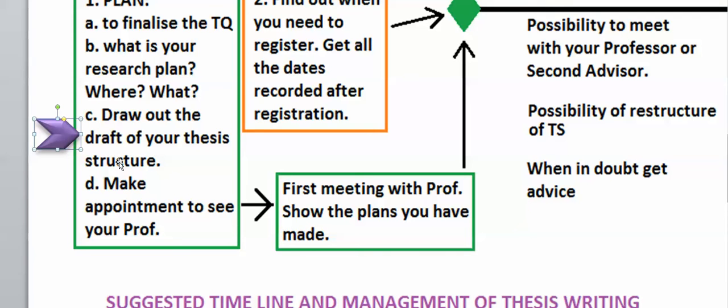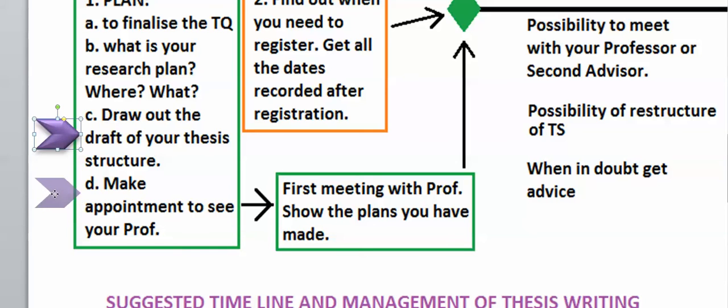It's also very good because when you officially go and meet your professors and advisors for the first time, you have something solid that you can show them, instead of saying, oh, my plan is like this, and this, or maybe it's like this, and it's all very uncertain and just not very good. When you draw out your thesis structure, your professor, when they first see it, can advise you properly whether you are heading the right path or not.